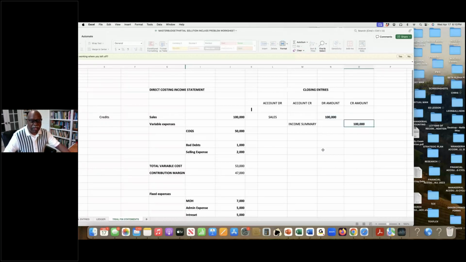Next, we're going to close out the expenses. And so now we're going to debit income summary, and we're going to credit, first of all, cost of goods sold. Then we're going to credit the bad debts and selling expenses.